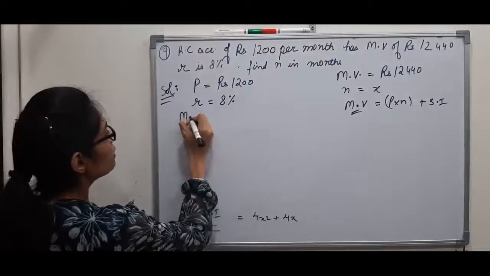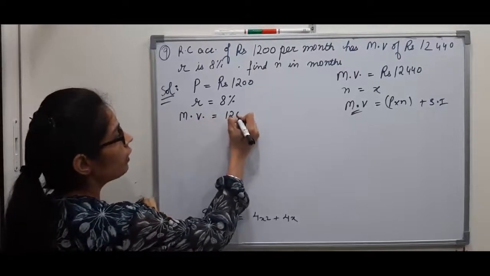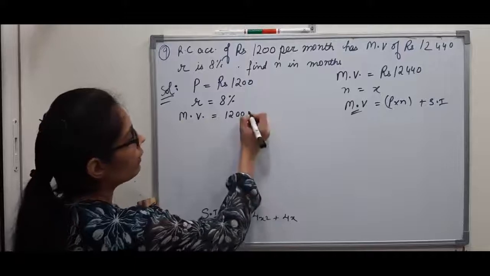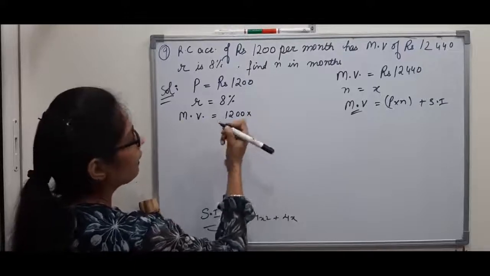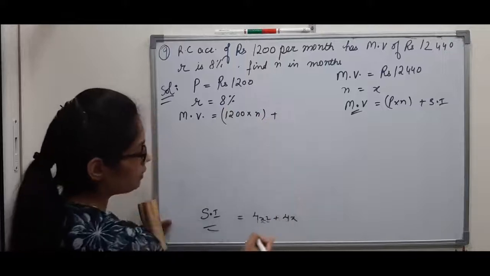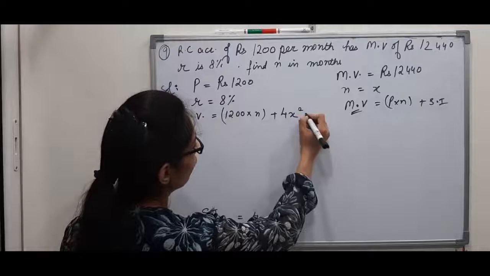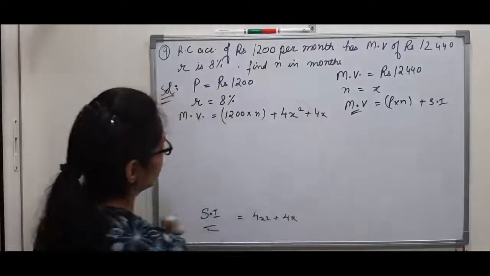MV, maturity value, is equal to P, 1200, into N, and I don't know what N is, plus simple interest, which I already calculated, 4x square plus 4x.